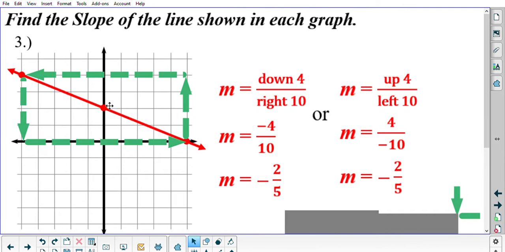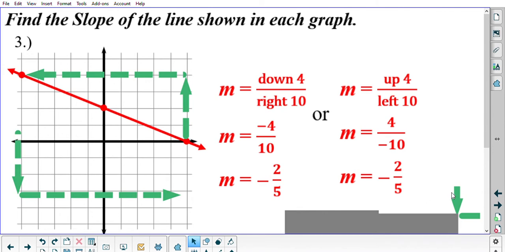I actually gave you another dot in the middle. And let me move that set of arrows away. If you just went down 2, right 5, well, then you get the -2/5 right away, don't you? And your fraction wouldn't reduce. So I did this on purpose to show you sometimes you can see more than just 2 dots on a line.